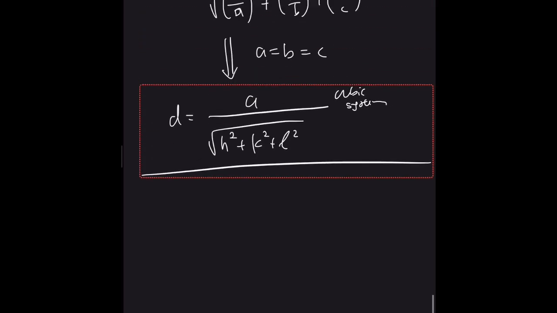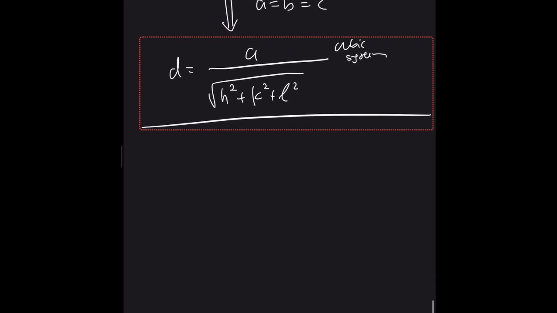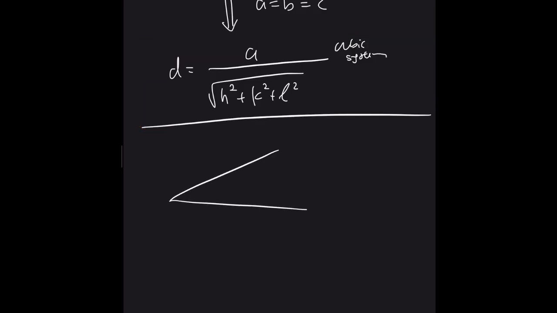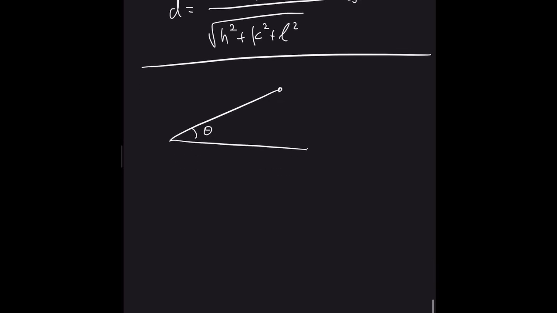Another important thing that we can do is find the angles between two directions inside the lattice. So from our dot product, we know cosine theta, the angle between R1 and R2, will simply be R1 dot R2 over the magnitude of R1 and R2.